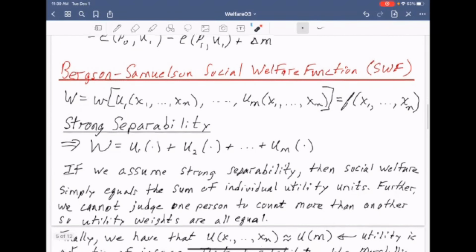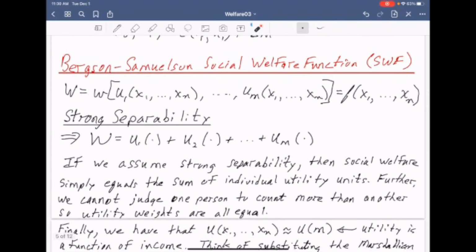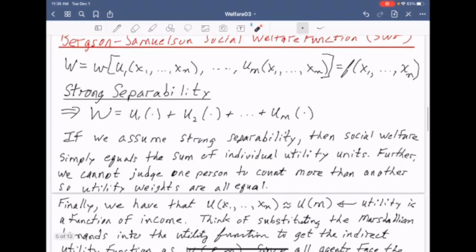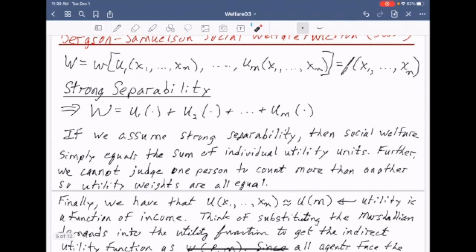Now, we assume strong separability. That's an assumption that we often make, and that means that the social welfare function, and this really is the Bergson-Samuelson social welfare function, is a function of the utility quantities of all the individuals summed up. If we assume strong separability, then the social welfare simply equals the sum of the individual utility units.